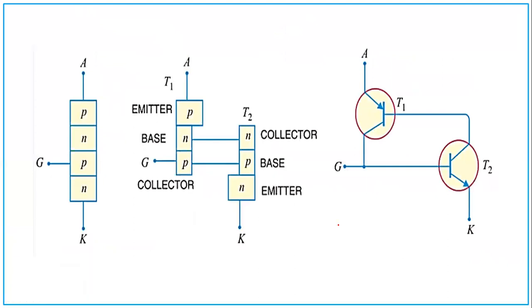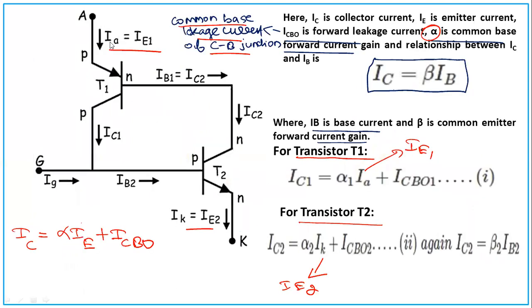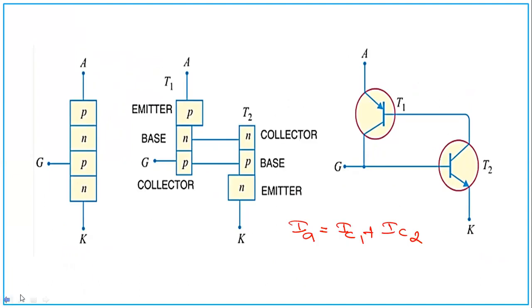From equations 1 and 2, you can write, again looking at the figure, that the anode current IA is equal to IC1 plus IC2. The anode current IA, the incoming current, is equal to the outgoing currents IC1 and IC2, by KCL. So IA is equal to IC1 plus IC2. Now you can substitute the values of IC1 and IC2 here.